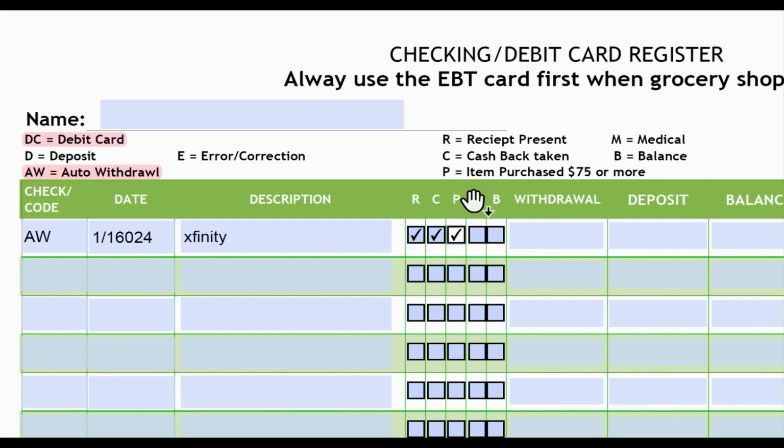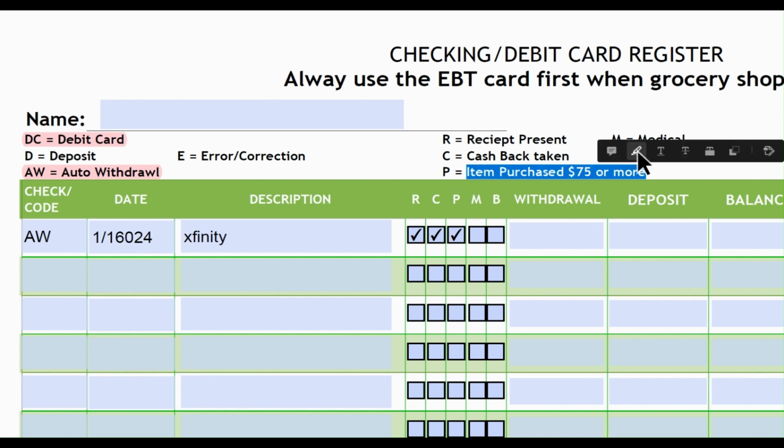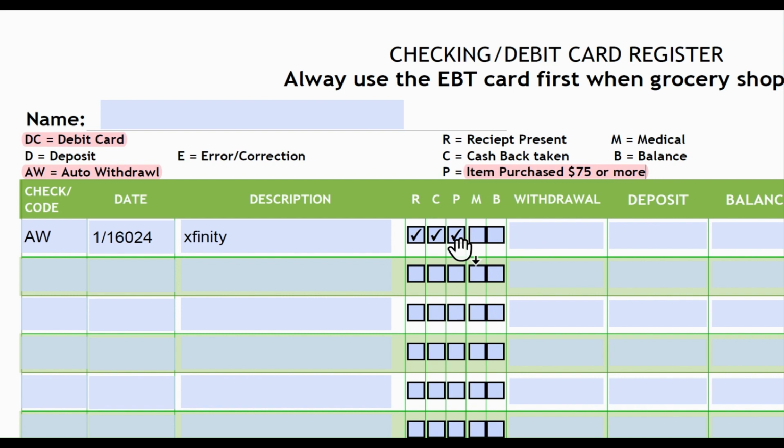The P here is for items purchased $75 or more. That's a reminder, if you check that box, that the item needs to be also written onto the property record. Unless the person you support has a refusal for property record, then we have to always keep the property record updated with anything that's worth $75 or more.